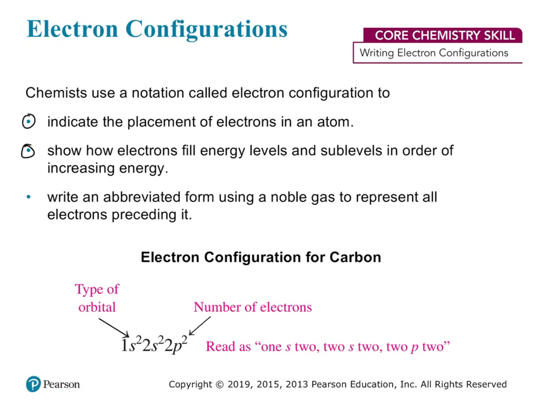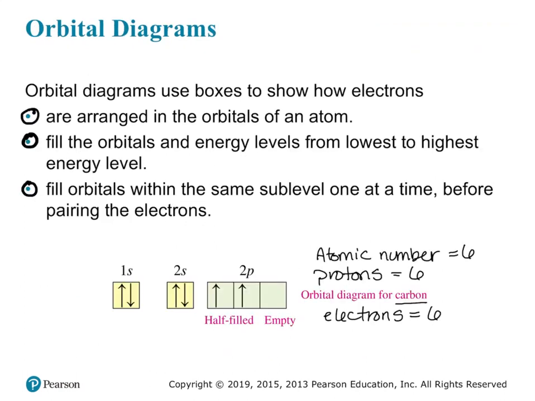On the last slide, we saw that we had 2 electrons in a 1s orbital, 2 electrons in a 2s orbital, and 2 electrons in 2p orbitals. So we can write that as energy level 1, orbital s, and then we put a superscript 2 to show that there are 2 electrons there.